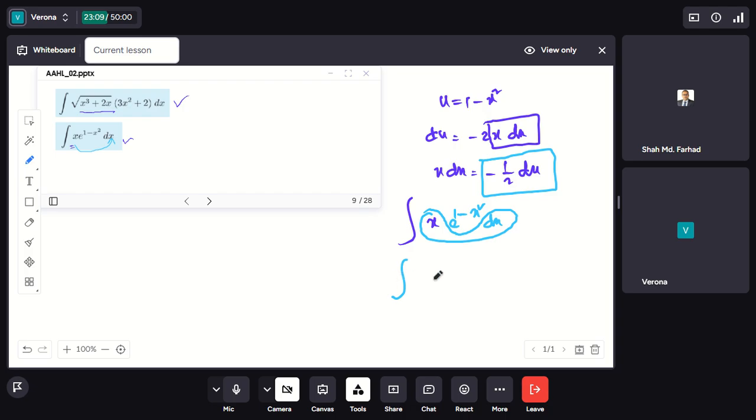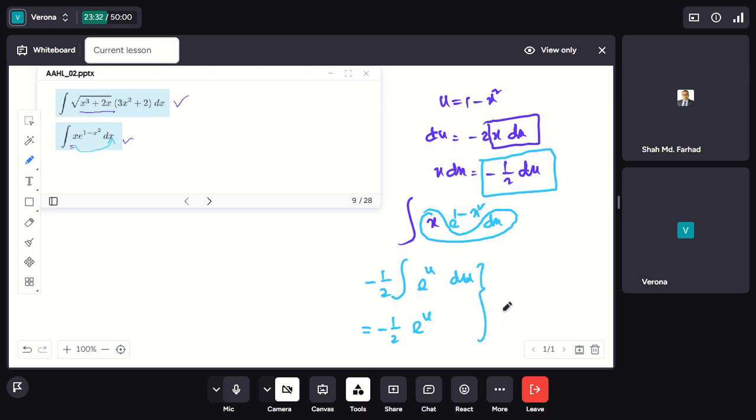Then we can put negative half outside the integral, then du and e^u, right? Okay, so negative half the integral of e^u, that is e^u.